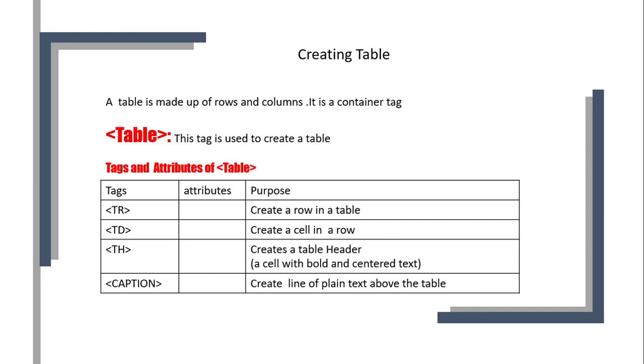Whenever we create a table, we have tr, td, th. These are not attributes, these are tags. We use these tags inside the table tag. So first we write the table. After that we use the tr, td, caption, all these things.